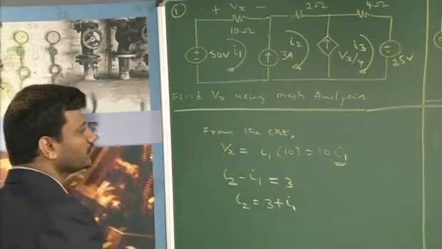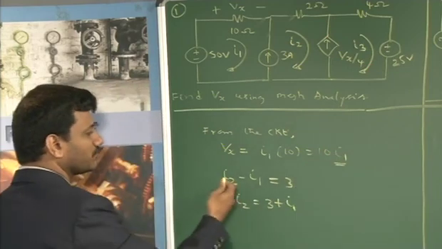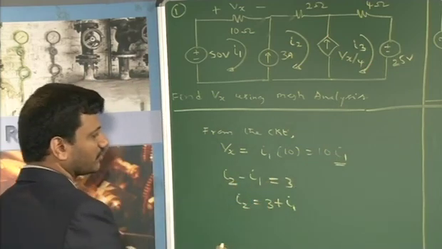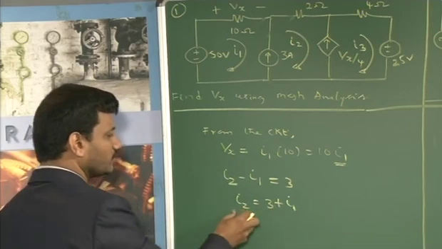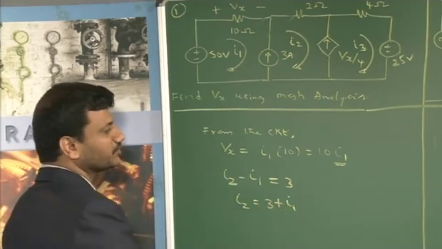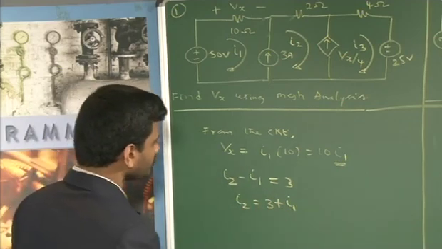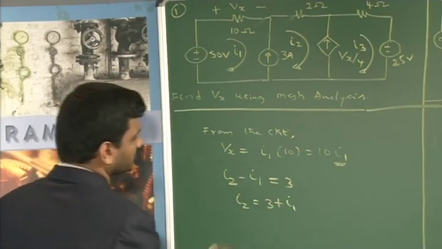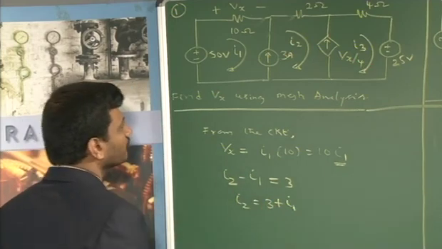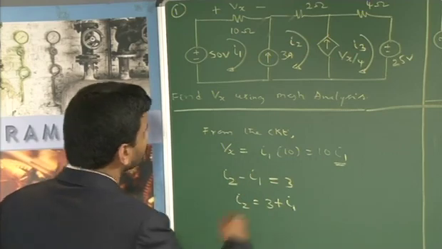Instead, anyway we want I1, so we will write I2 in terms of I1, then wherever I2 appears substitute 3 plus I1. In this way we can find the value of I1 directly. So, I2 is 3 plus I1.